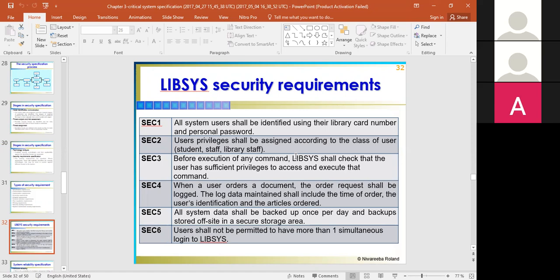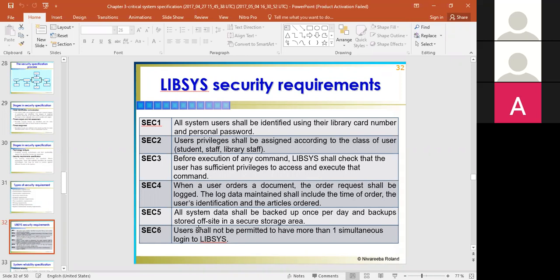So you can see, for example, the requirements that they came up with here. This will just give you a picture. Requirement 1: all system users shall be identified using their library card number and personal password. So after going through the entire process, this is what you come up with.